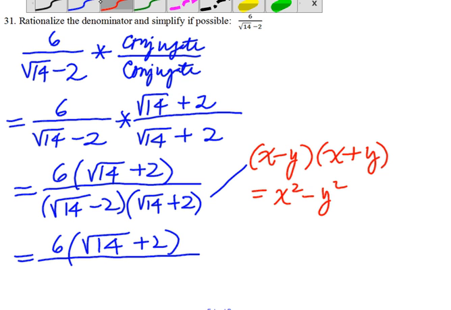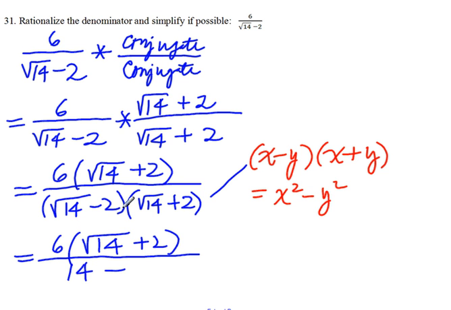So when we multiply the square root of 14 minus 2 times the square root of 14 plus 2, we get the square of the square root of 14, and that is 14, minus the square of 2, and that is 4.